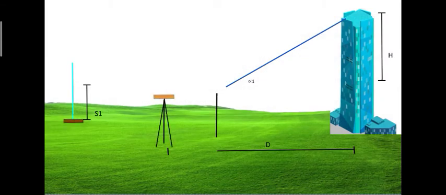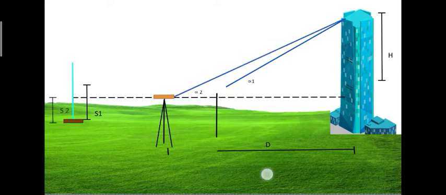You are going to set up the instrument at a point, and you are going to take the reading on this benchmark, that is S2, and bisect the point Q as alpha 2 and S2.